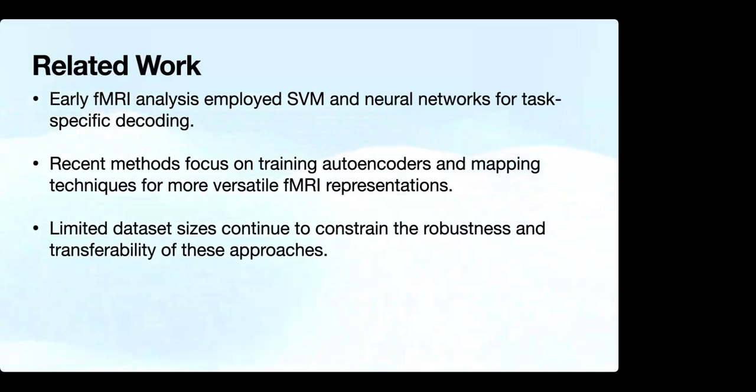So again, people like autoencoders because of their self-supervised nature. And we have limited data set sizes because it's expensive to label data. It's also sometimes difficult to even capture data sets of individuals using these imaging techniques. So again, these limitations are just constraining the robustness and transferability of these kinds of approaches.